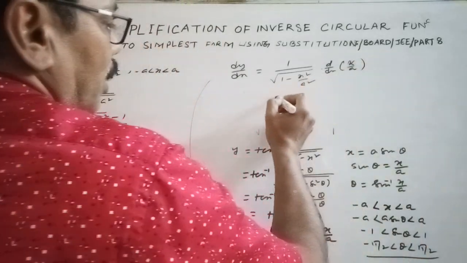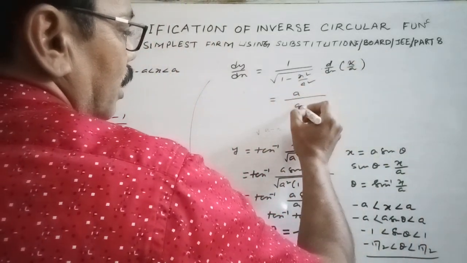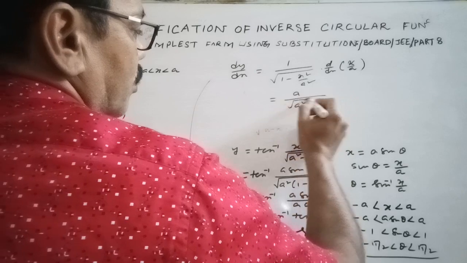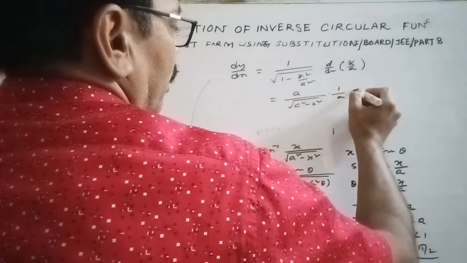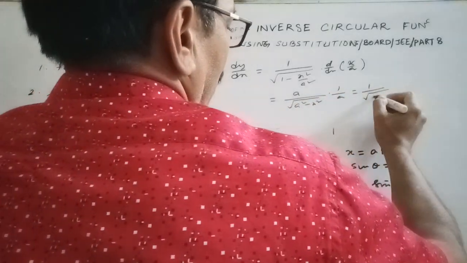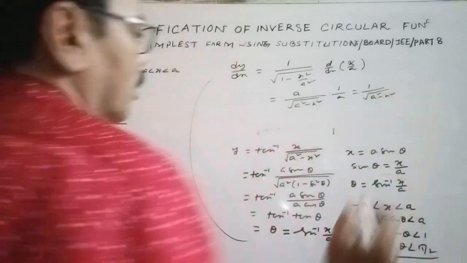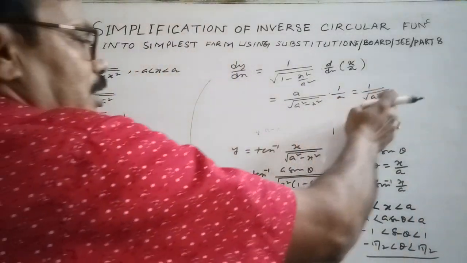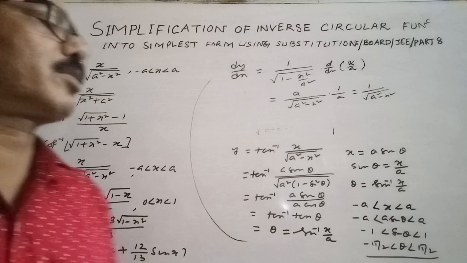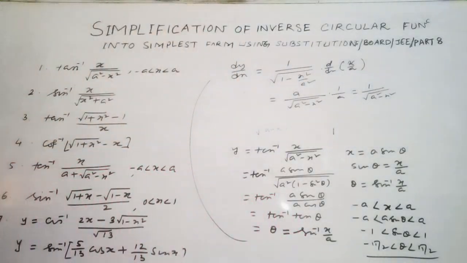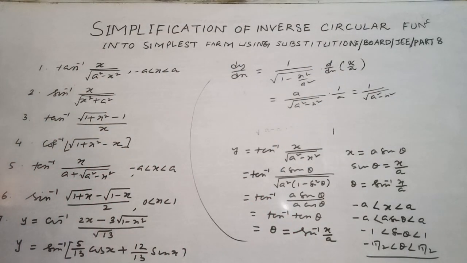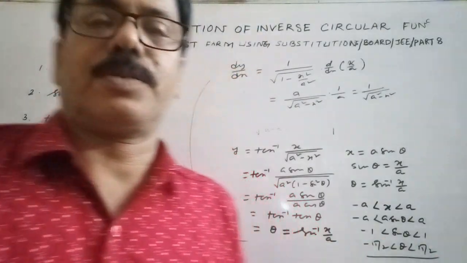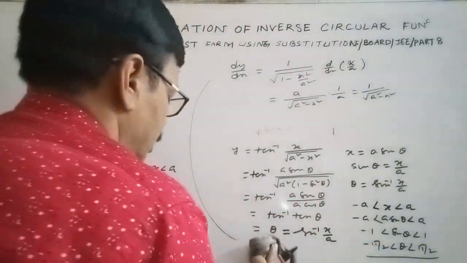So finally you are getting a by root under a square minus x square into 1 by a. So 1 by root under a square minus x square. So this is our dy by dx. So use a suitable transformation, then simplify.